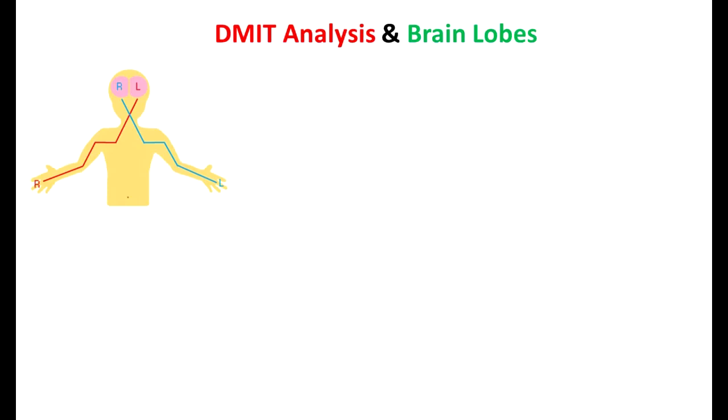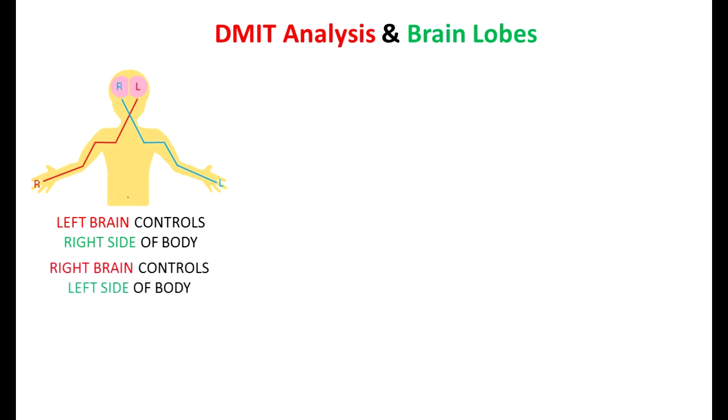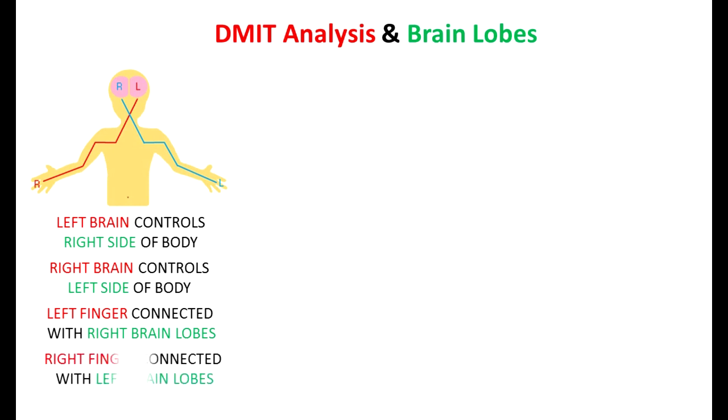As we know, our right brain controls the left side of the body and left brain controls the right side of the body. Likewise, left fingers are connected with the right brain lobes and right fingers are connected with the left brain lobes.